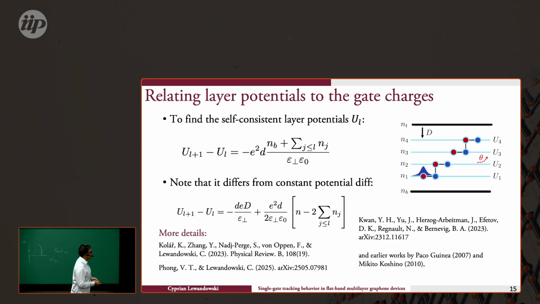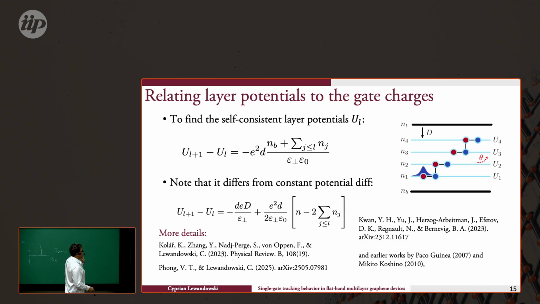Also, I would like to say that there's a very nice discussion in the Moore FCI 3 paper from Andre's group on this, and I would say it's my theory that for every topic in graphene field there exists a Paco article that has touched on it. So indeed there are earlier papers, okay, but none that focus on the emergence of the single gate tracking features.